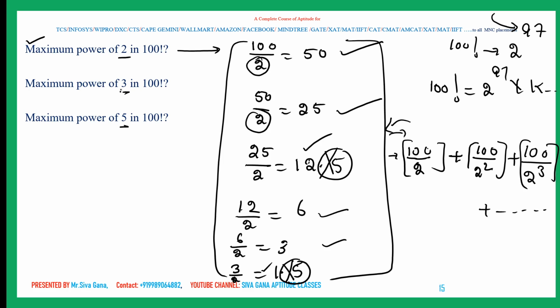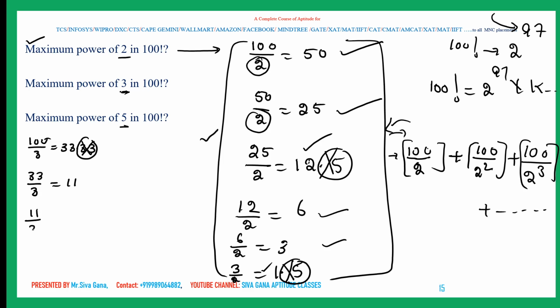If you want the maximum power of 3 in 100 factorial, what are we going to do? We are going to do the same process by dividing by 3. Now let us see. 100 by 3 is nothing but 33.33. Neglect this decimal part. 33 divided by 3 is 11.